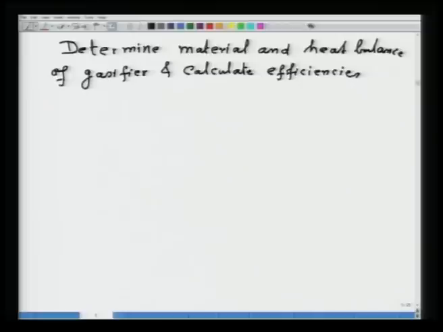Various data that I am giving over here in the form of a material balance. So, let us take this as a sort of a gasifier.